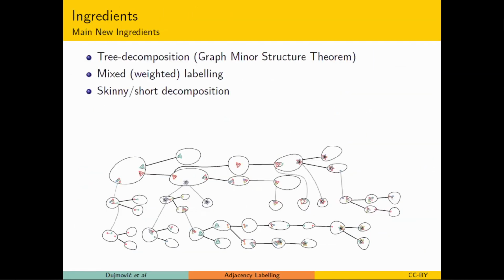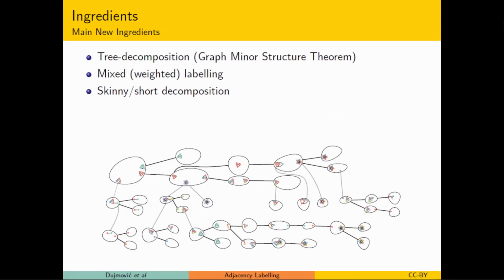So here are some of the techniques that are used. Well, we're going to use tree decompositions. And the tree decompositions we're going to use come from the graph minor structure theorem of Robertson and Seymour. Those apply to H minor free graphs for any H. Don't worry if you've seen recent talks about the graph minor structure theorem.